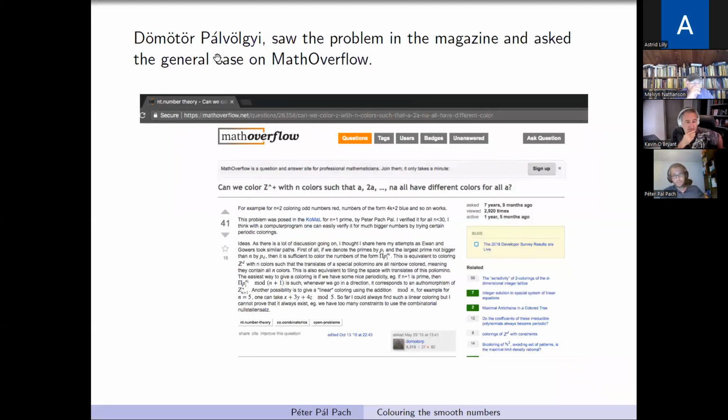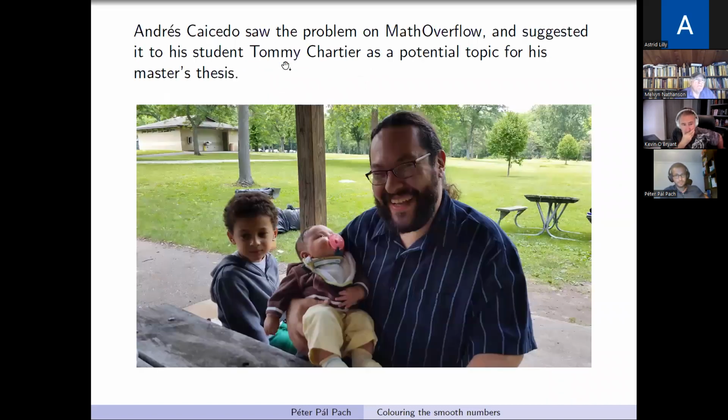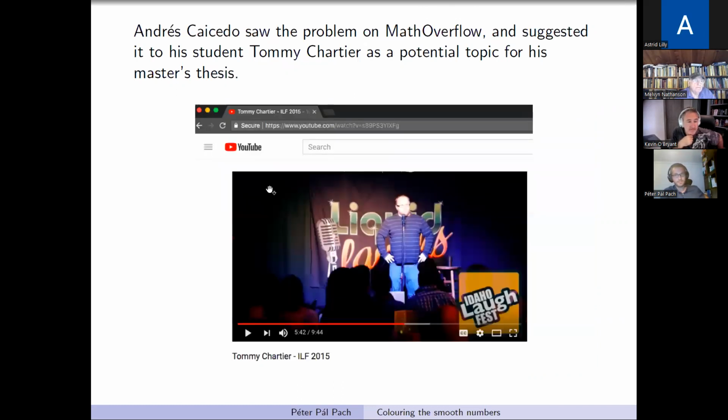Then Péter Pál Pach saw this problem in KöMaL and posed it on MathOverflow, where Andrés read it and suggested it to his student Tommy Chartier, who is not in this picture, but in the next one. You can check his performance on YouTube if you're interested, maybe after the talks only.